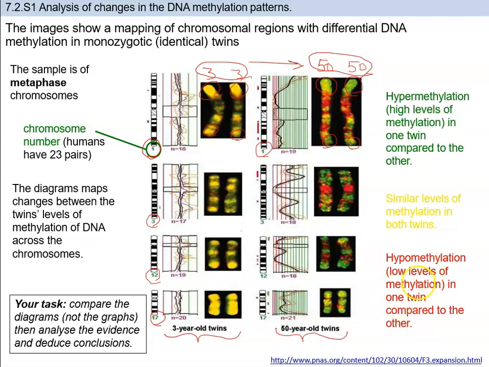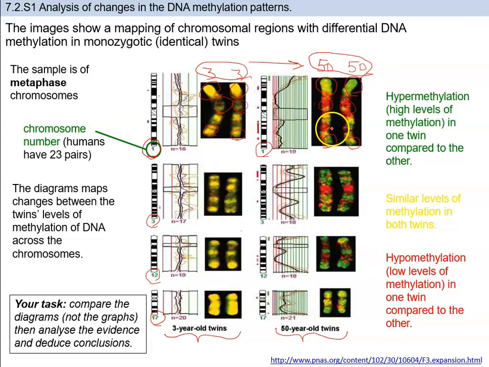And the red is hypomethylation, meaning a low level of methylation. So when we see the red, that's a low level of methylation. In this case, the methylation is very low, which means that it didn't methylate, or a low level of methylation has happened in this area from 3 to 50 years old. And you can also compare between two twins.